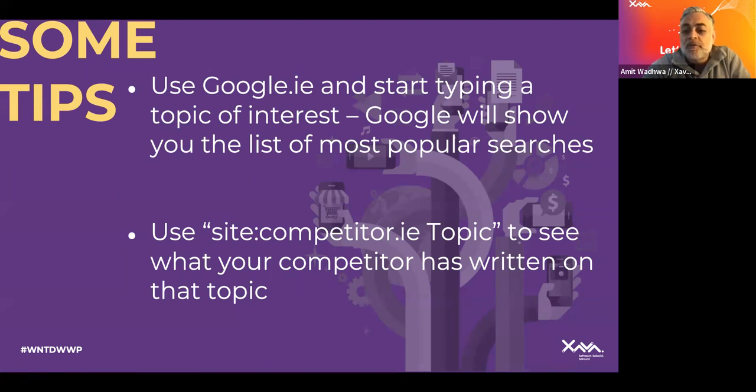And if you want to do some basic competitor research to see if your competitor has done anything about that topic, has written anything, go to Google, type in site: your competitor's website address, followed by a space and followed by whatever you're searching for. What that'll do is search for that topic within your competitor's website. So that'll show you how your competitors are approaching this topic.